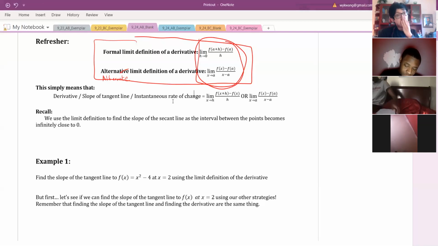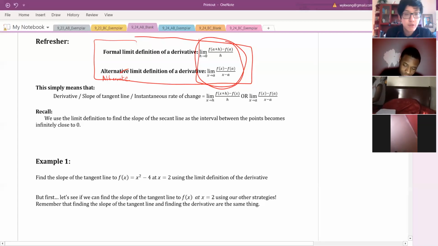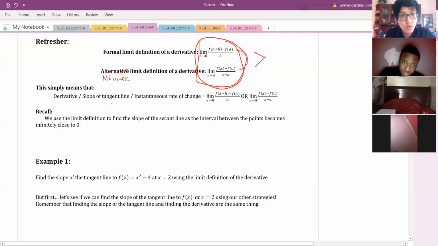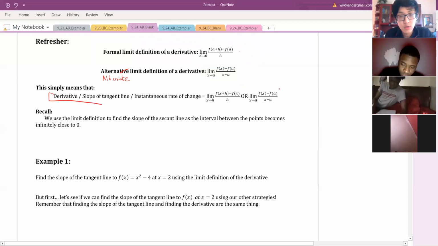Okay, so moving on from that, I just want to reinforce the point that when we're looking at the limit definition of a derivative, all we're saying is that these two definitions, which are rewritten here, are equal to the derivative.